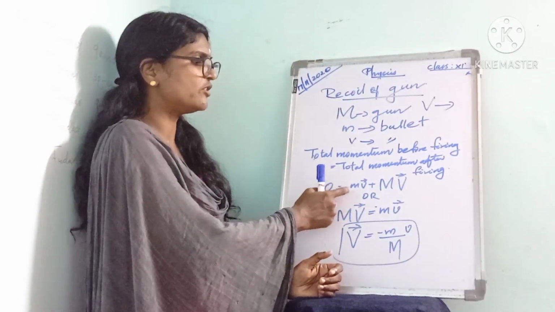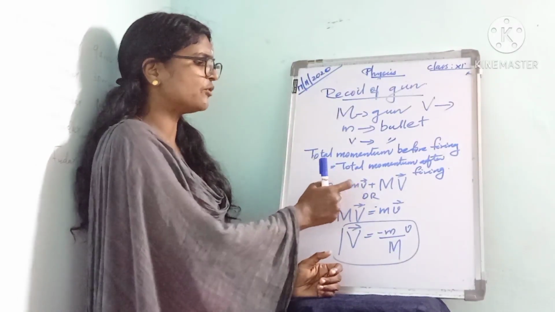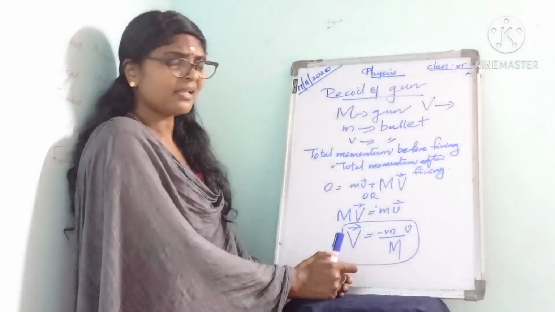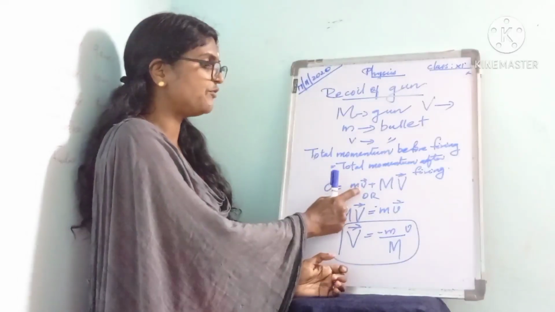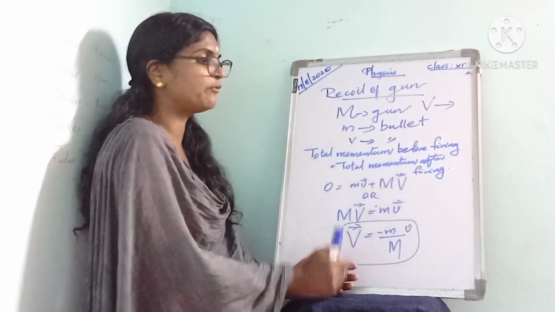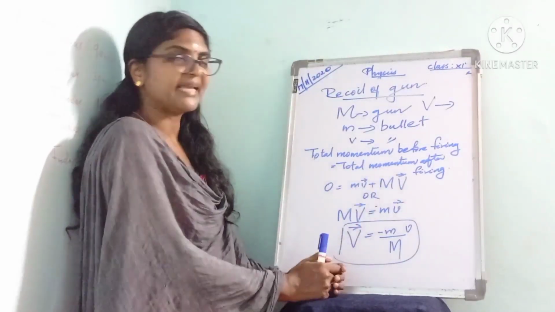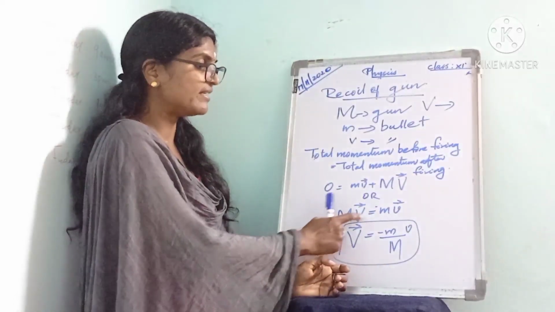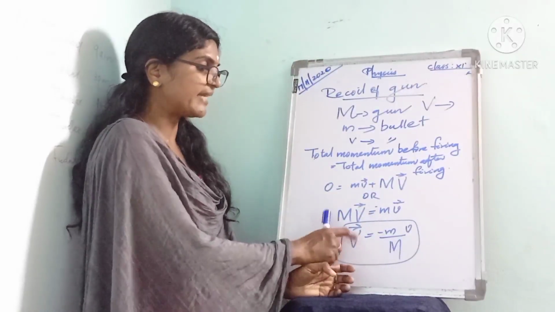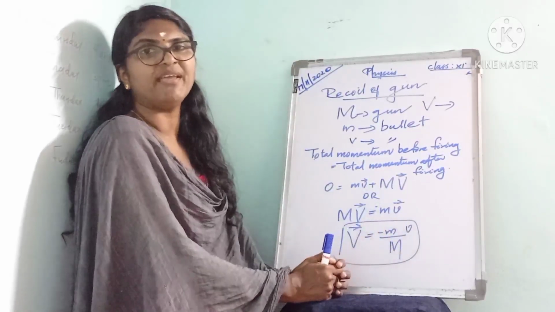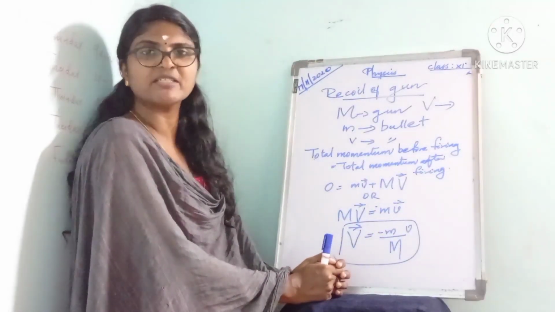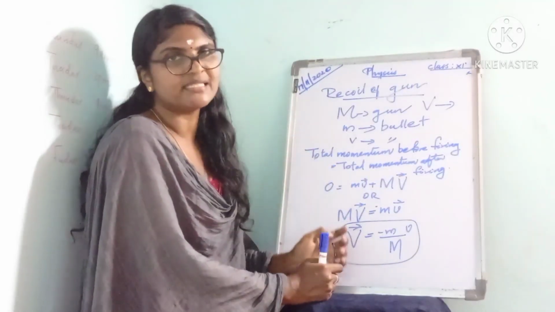So 0 equals, after firing, the momentum of the bullet, small m into small v, plus the momentum of the gun, capital M into capital V. From this we can write MV is equal to minus mv. From this the recoil velocity V is equal to minus m by M into v. Actually this is the expression for recoil velocity.